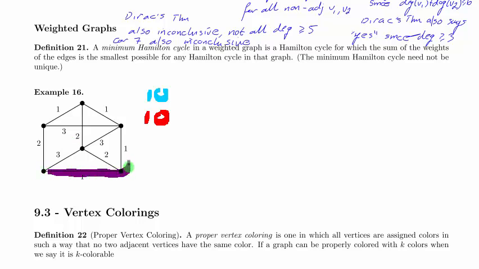So we're going to be running into problems as we're trying to move around the graph and use all of the weight 1s. We're going to end up using at least a weight 2 and a weight 3 on that. So it looks like the minimum weight for this particular graph is 10. We'll have algorithms in the weighted graphs and what are called minimum spanning trees, not quite a Hamilton cycle, but minimum spanning trees later on in chapter 13.